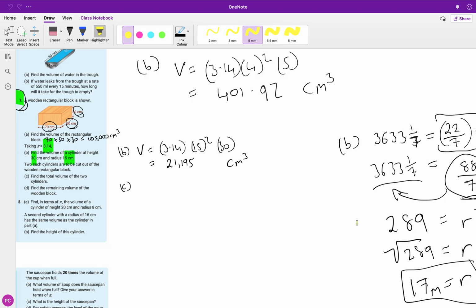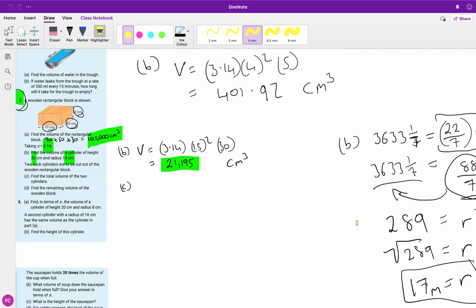So two such cylinders are to be cut out of the wooden rectangular block, and we worked out the volume of that already as 105,000 centimeters cubed. What would the volume be of those two cylinders? Well, the volume of one is the answer we worked out a second ago, 21,195.